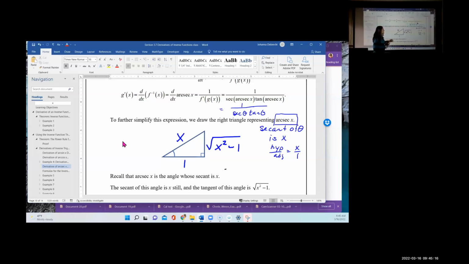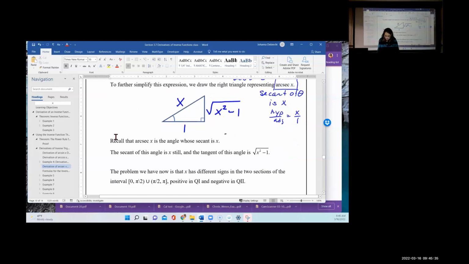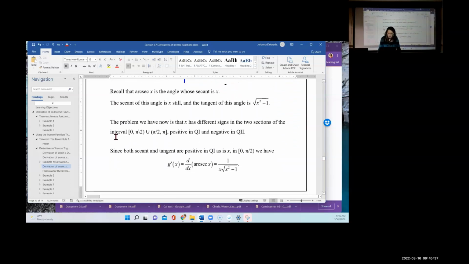So the secant is going to be x over 1. Does everybody see that? That's the secant. Hypotenuse over adjacent. Tangent is opposite over adjacent. So it's going to be the square root of x squared minus 1. All right. So this is going to give us 1 over x times the square root of x squared minus 1.